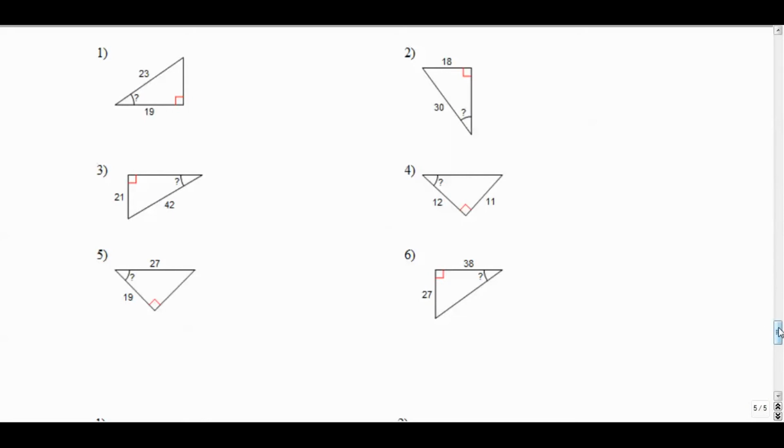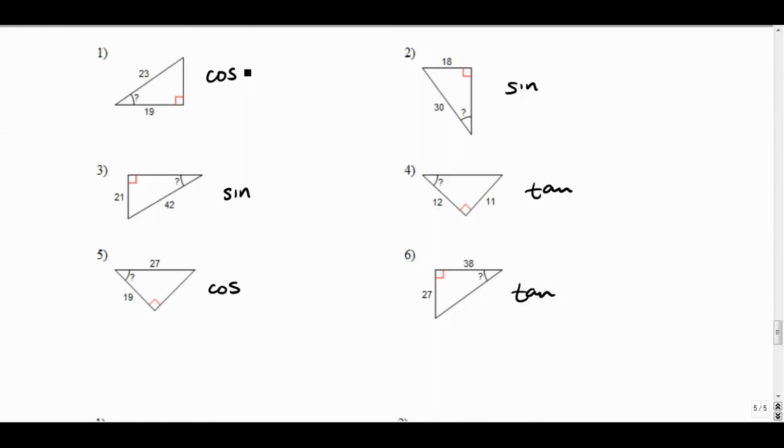Alright, so the answers to these 6 are not going to be rounded to 3 digits, they're just going to be whole numbers, but it definitely is a good way to check. Here we can see that we're going to use cosine, here we're going to use sine, this is cosine, this is sine, this is tangent, and this is tangent.